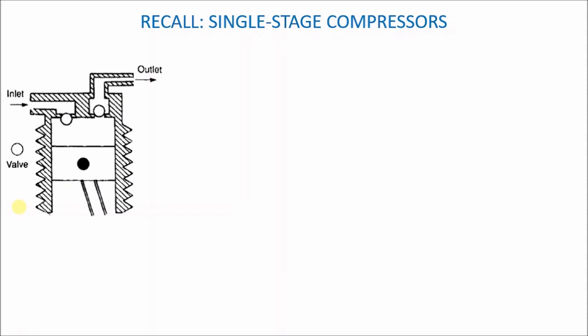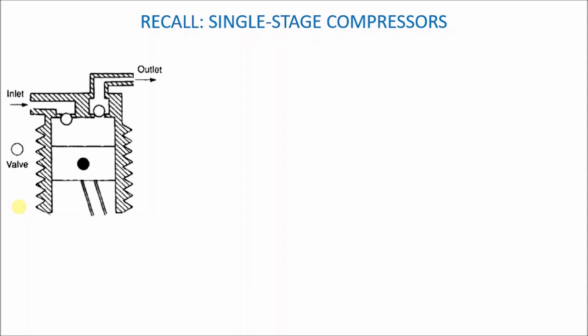When we have two cylinders that are mounted in series in order to achieve the compression of the air, meaning the first cylinder compresses the air to a certain level, and then that air goes into the second cylinder where it is compressed farther, you will refer to that kind of arrangement as a two-stage compressor. If it was three cylinders, then that will be a three-stage compressor.